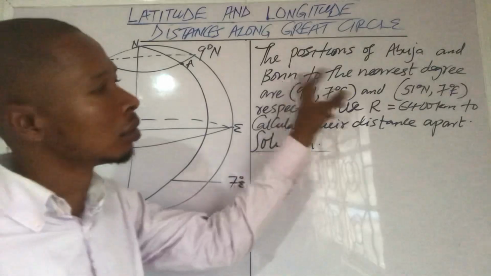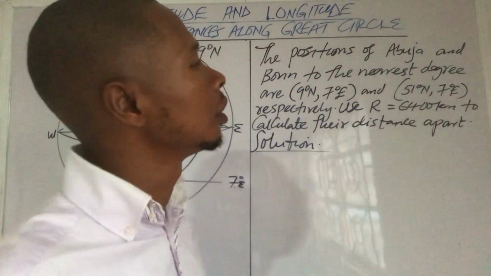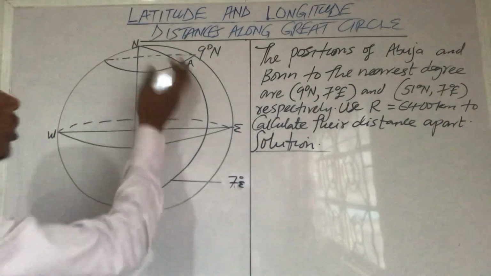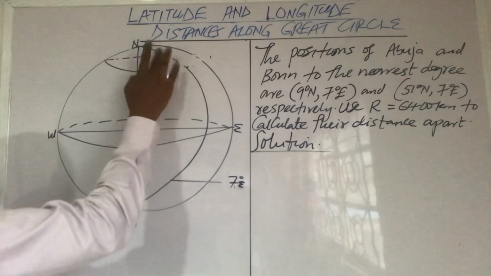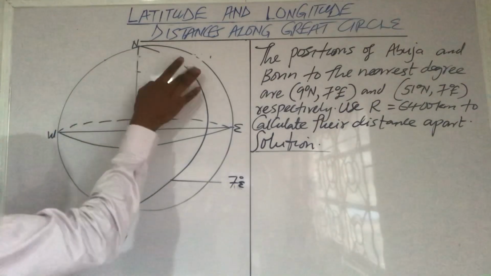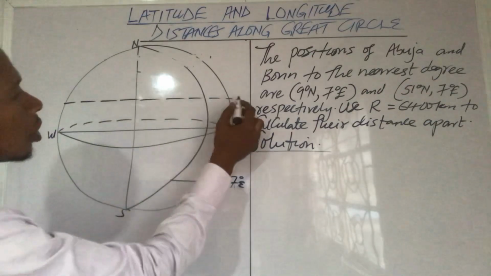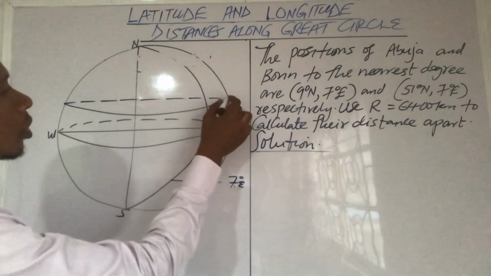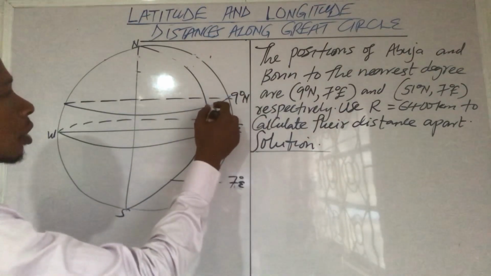Then Bonn, 51 degrees north, 7 degrees east. 51 degrees is supposed to be above. Let me redraw this one. 51 degrees is supposed to be above 9 degrees. So this is our 9 degrees, Abuja.